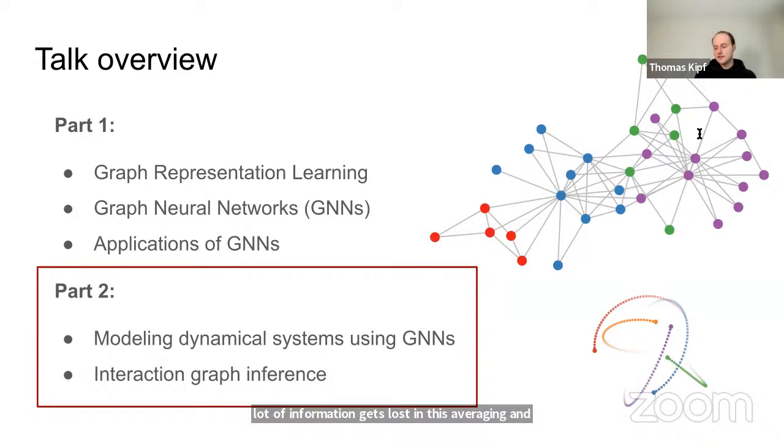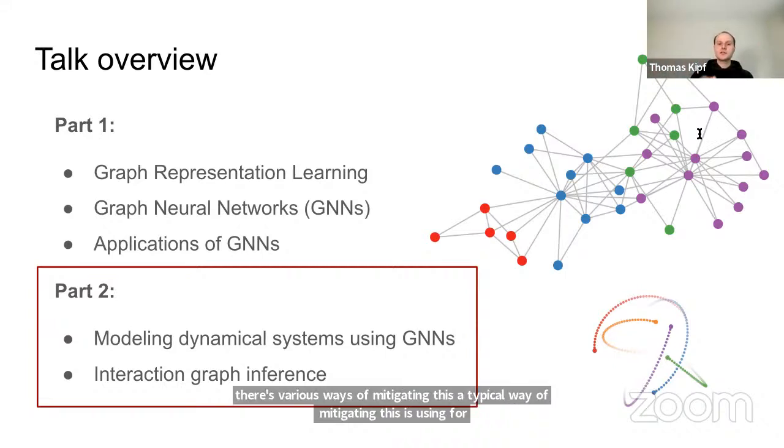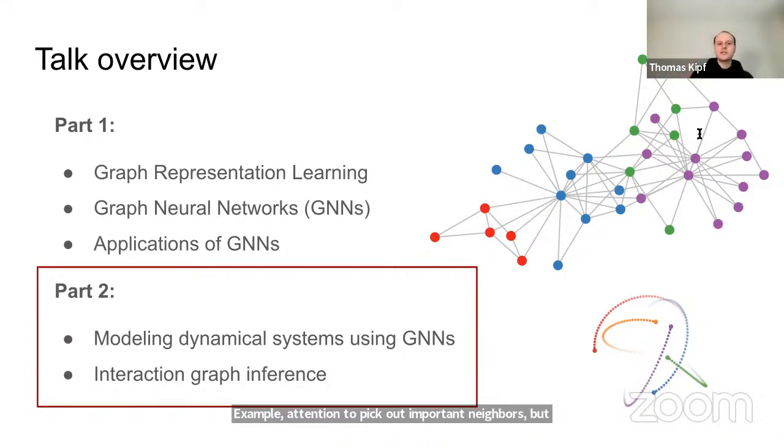And there are various ways of mitigating this. A typical way is using, for example, attention to pick out important neighbors, but also using skip connections and layer normalizations, things like the people use in transformers, if you're familiar with them. Those tricks can also be applied to mitigate these issues. Then there is the problem of overfitting by itself. Let's say you want to train the best possible predictor, for example, for molecule classification.